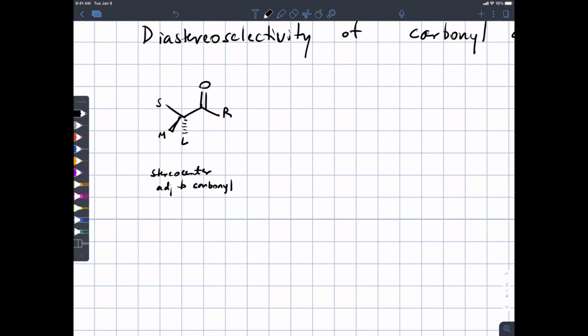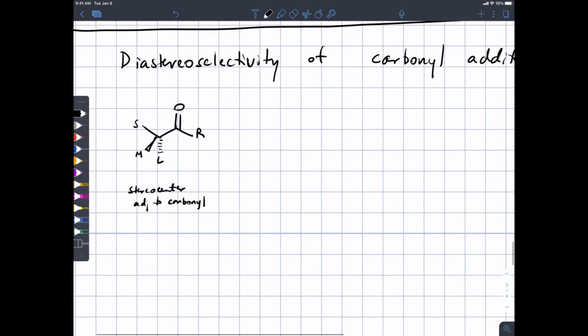If we approach this ketone as it's shown here, from the top face we would encounter the medium group, from the bottom face we would encounter the large group. However you rotate this carbon-carbon bond, whichever groups you put where, the 2 faces are going to be different. You see that? We need to justify that.